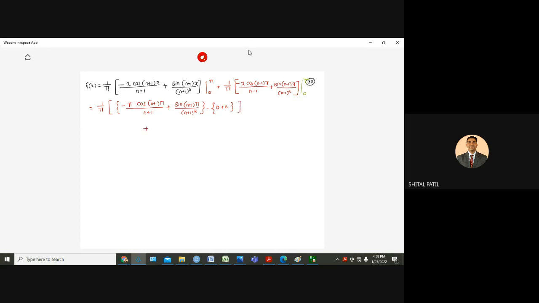Plus this is the first limit. Second is minus lower limit. 0, 0. Yes.